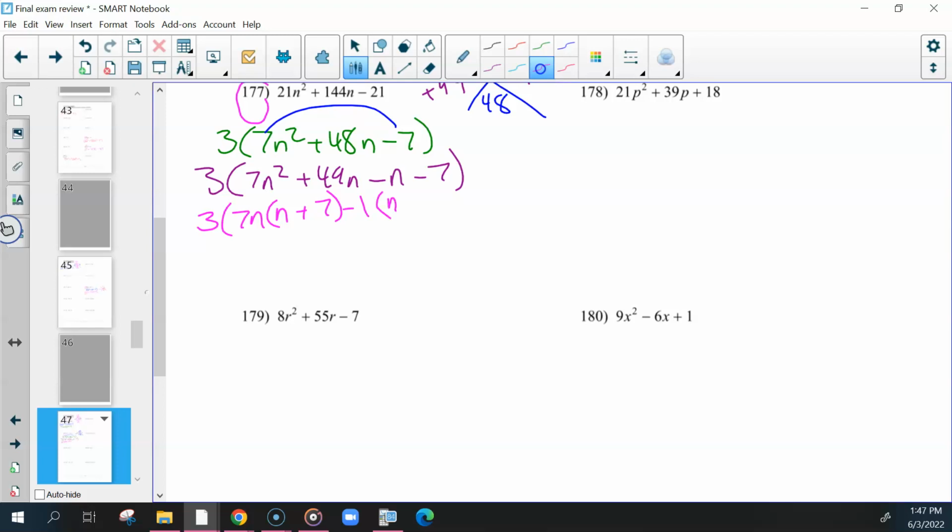And that will leave us with n plus 7. So our final factors would be 3 times 7n minus 1 and n plus 7. Do we have any questions on that one?